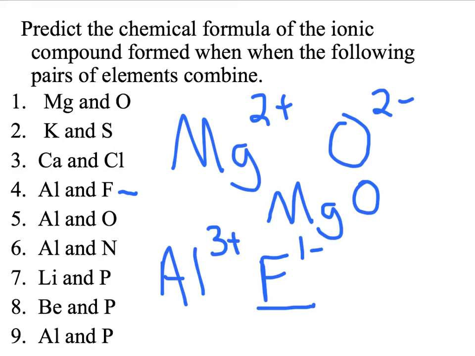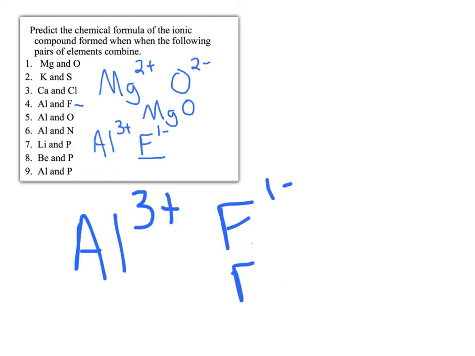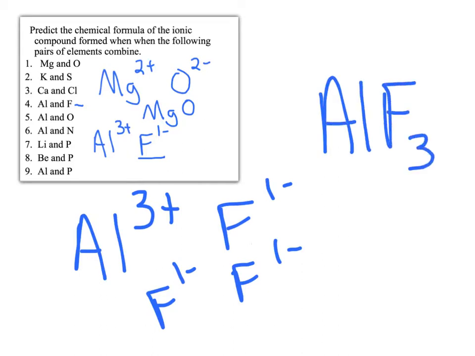And we can show that right here, at least when we're starting off, by saying, okay, here's my aluminum with a +3 charge, and then here's my one fluoride with a -1, a second fluoride with a -1, and a third fluoride with a -1. So together I have +3, and then -1, -2, -3. So altogether it makes it neutral. The +3 balances the -3, and I get my formula of AlF3.